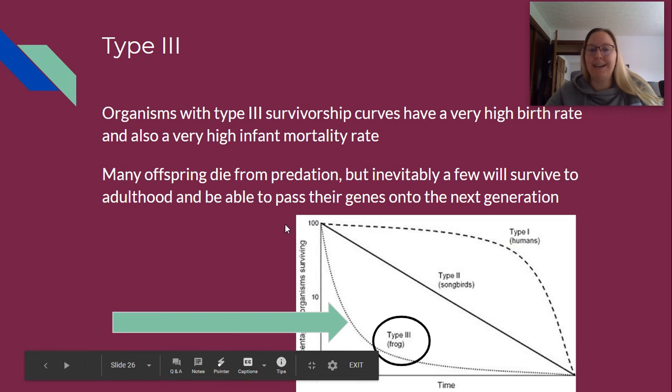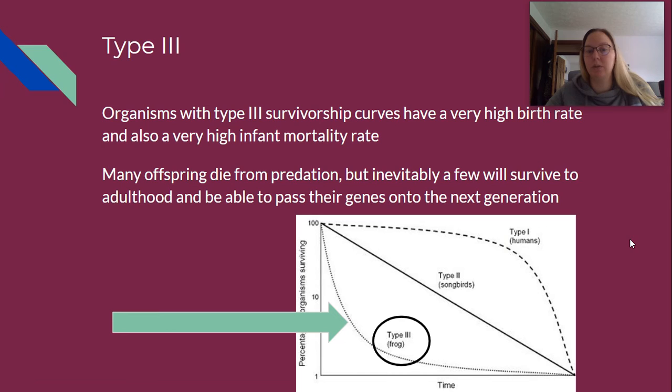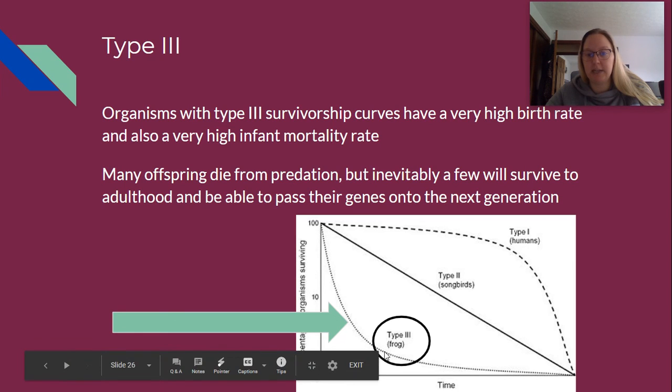Many offspring die from predation, but inevitably a few do survive to adulthood to pass on their genes to the next generation. So this is like frogs. Frogs lay a ton of eggs, knowing not all of them will survive due to predation. So this is our graph here. It dips down really quickly and then slowly levels off, almost the mirror image of type 1.